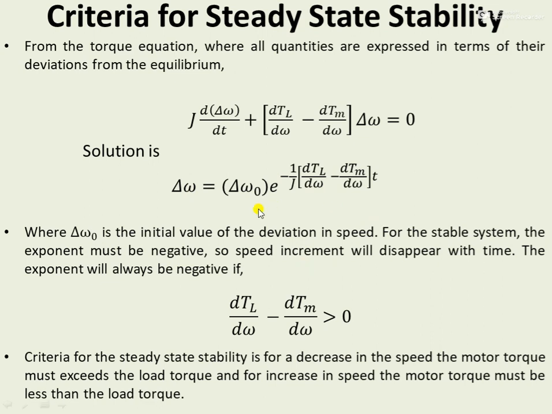So only when the value of the exponent is negative, we will be getting an exponentially decaying signal.